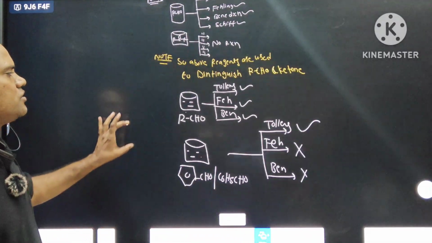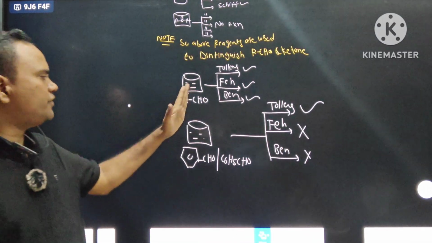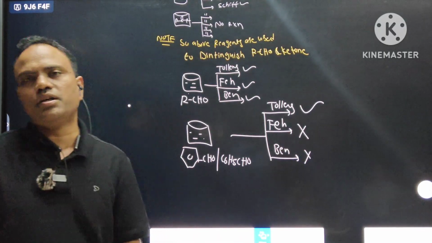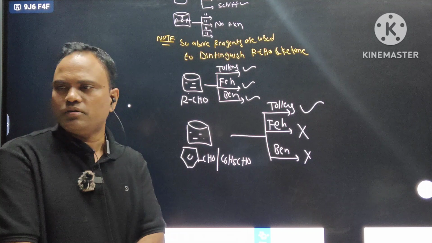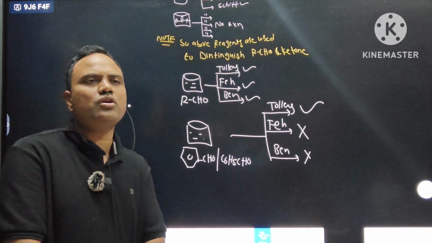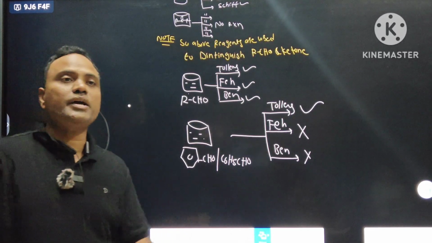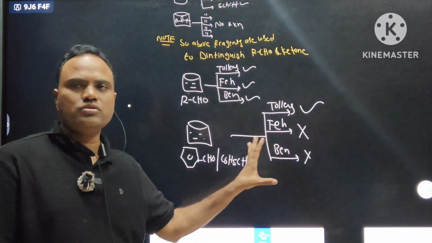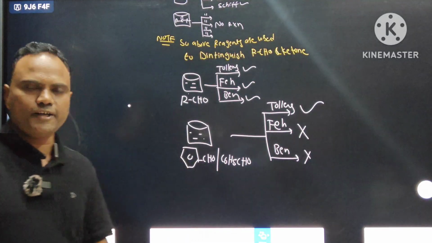So which two reagents are used to distinguish aliphatic aldehyde and benzaldehyde? Which two? Fehling's and Benedict's. Very important. Acetaldehyde and benzaldehyde are distinguished by Fehling's and Benedict's, because those two do not react with benzaldehyde.